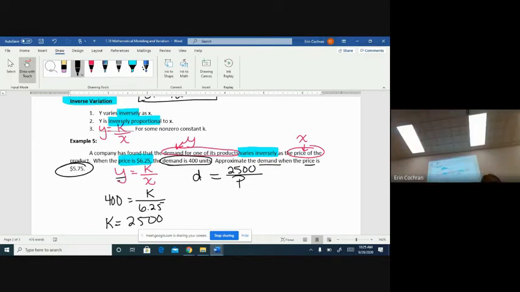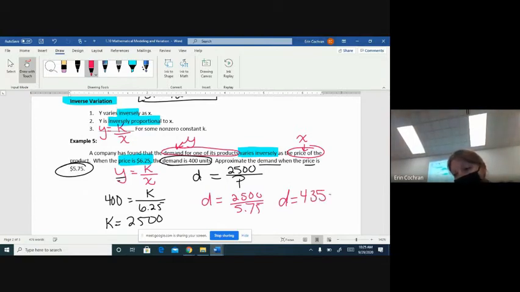Where will the $5.75 go? In the P, right? So we have 2,500 divided by $5.75. So what is my demand? Roughly 435 units. There you go.